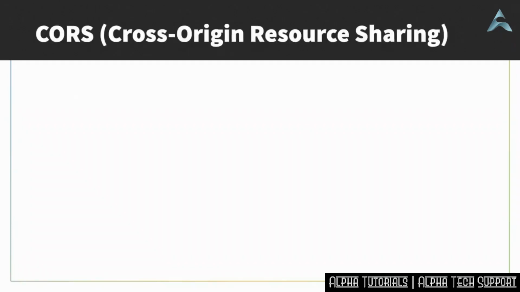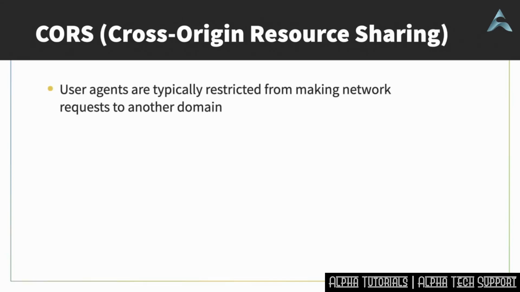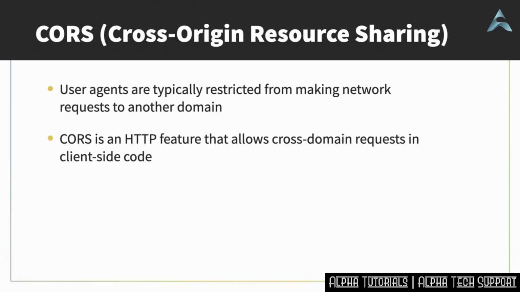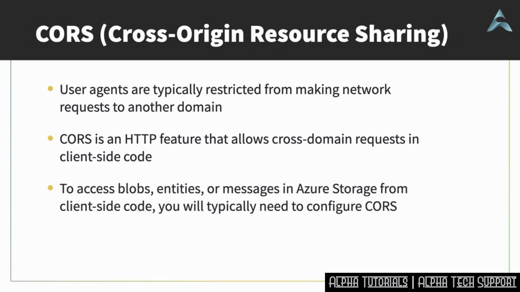Also, a very important feature is called CORS, cross-origin resource sharing. If you already develop applications that need to query an API, I'm sure you have already come across this. User agents on the browsers usually restrict those calls, and CORS is basically a feature that allows cross-domain requests in client-side code. This is very useful for accessing blob storage, accessing APIs, and also for accessing the CDN.